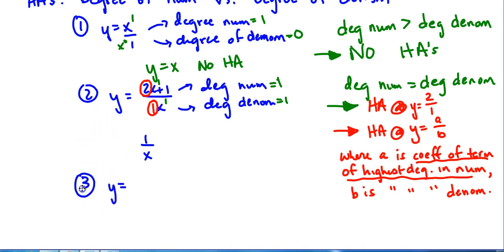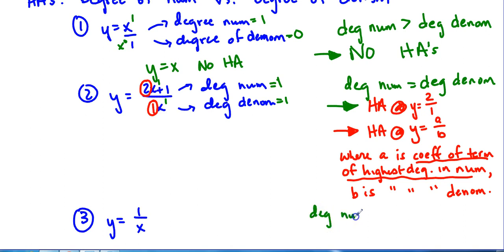Let's move this down a little bit here. And this is the simplest case of this, where the degree of the numerator is less than the degree of the denominator.